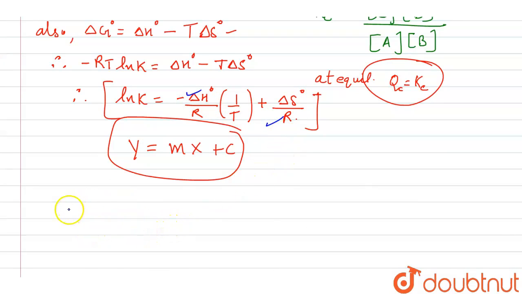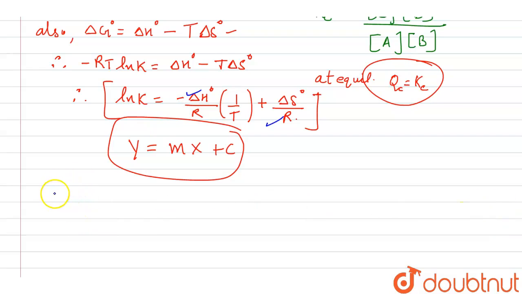So the slope depends on the value of delta H naught, that is change in enthalpy. So the negative sign is here, right? It does not mean that the slope is always negative, but if the value of delta H naught is positive, the slope will be negative. Now we'll define the slopes of the two reactions.